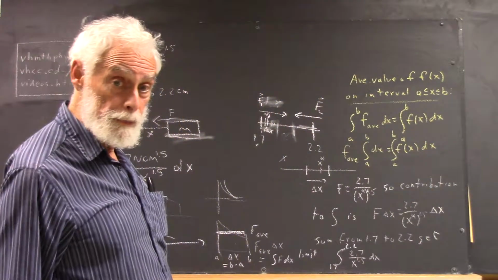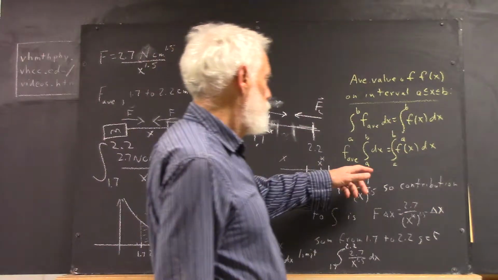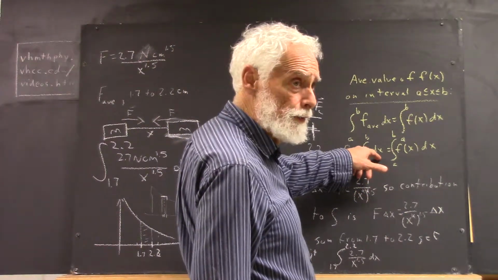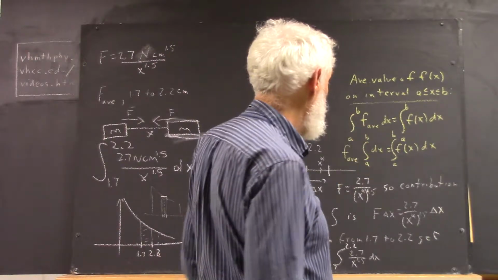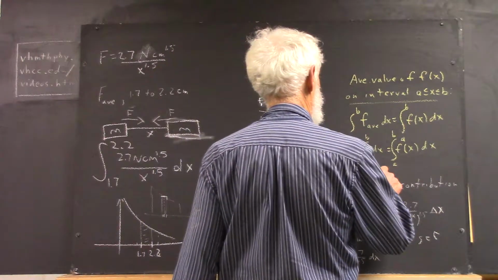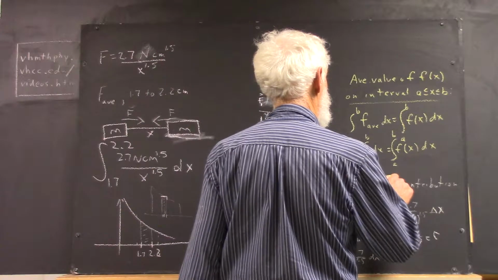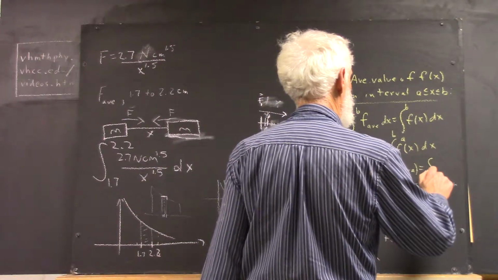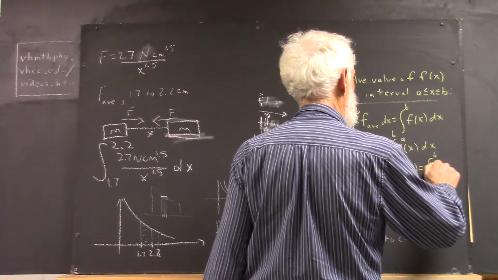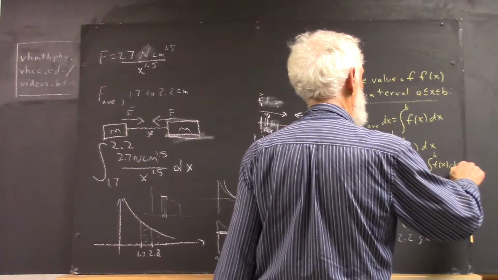And we have this. But the integral from a to b of dx, the antiderivative of dx, is just x evaluated between a and b. This says that f average times b minus a is the integral from a to b of f of x dx.